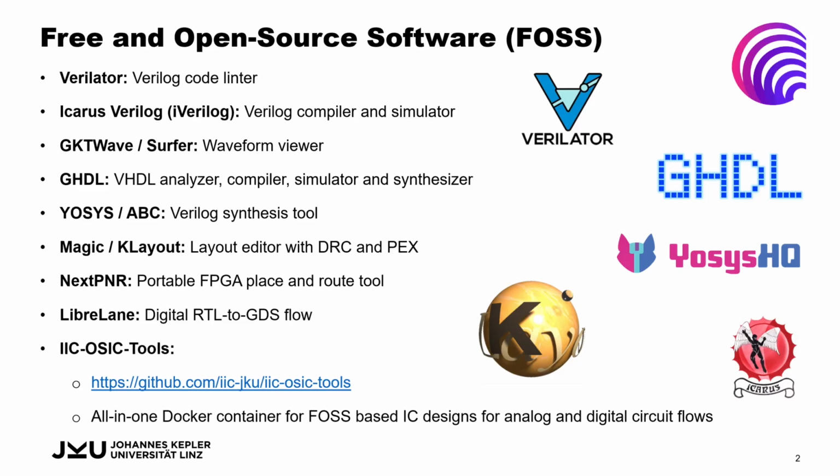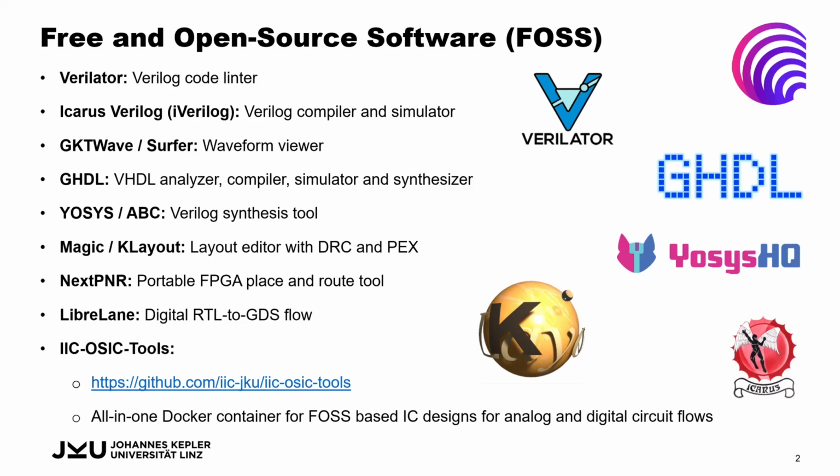Then if we don't want to make a chip, but for example flash an FPGA, we can use nextpnr, which is a place and route tool for FPGAs, in particular for Lattice FPGAs. And then we have LibreLane, which is a complete digital RTL to GDS flow.